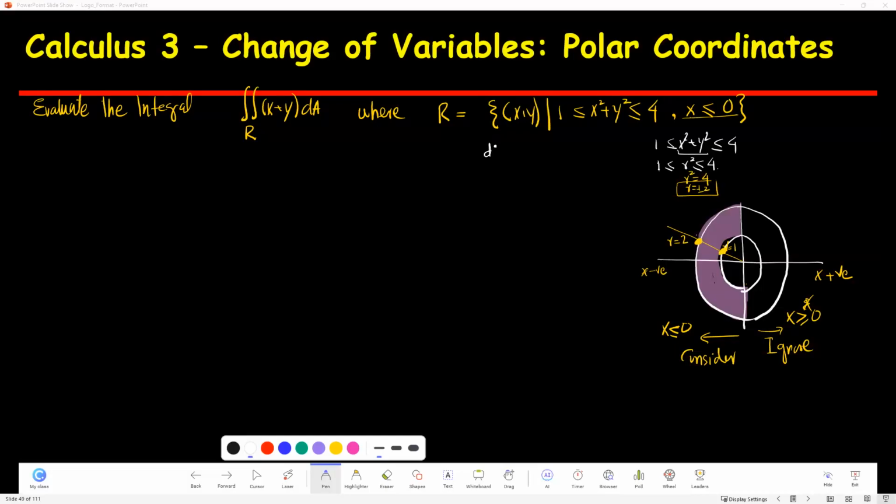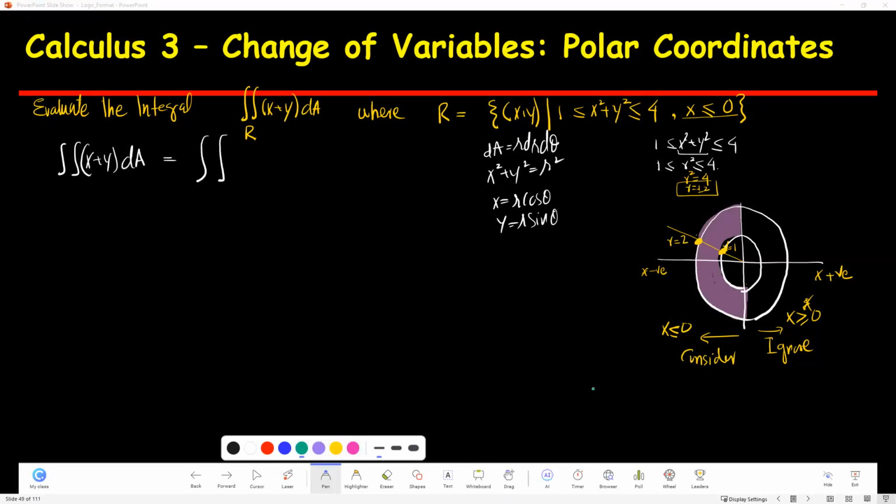So I'm going to write dA equals r dr d theta, x squared plus y squared equals r squared, x equals r cos theta, y equals r sine theta. I'm writing the expressions given before I transform this.